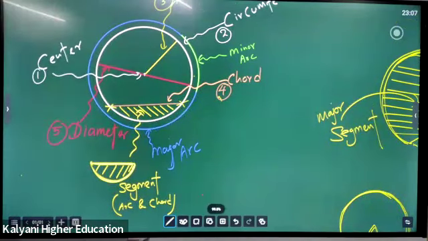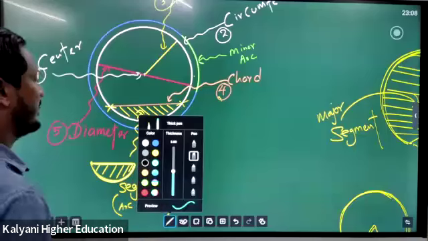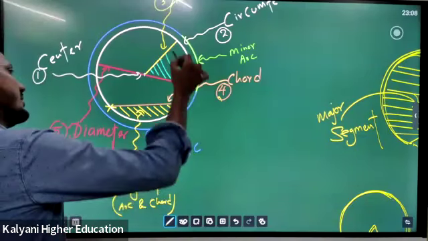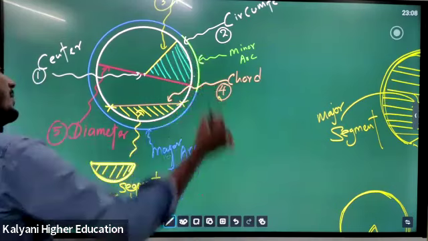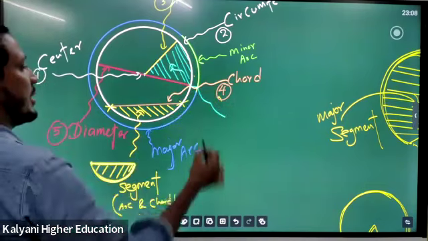Look at this one. I'll use a different color. What is the name of this part? It's a sector, which is bounded with two radii and one arc.